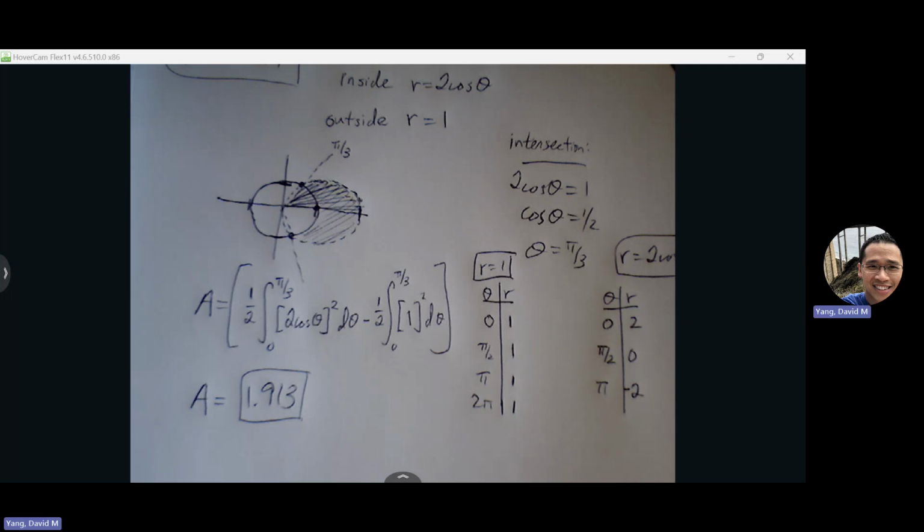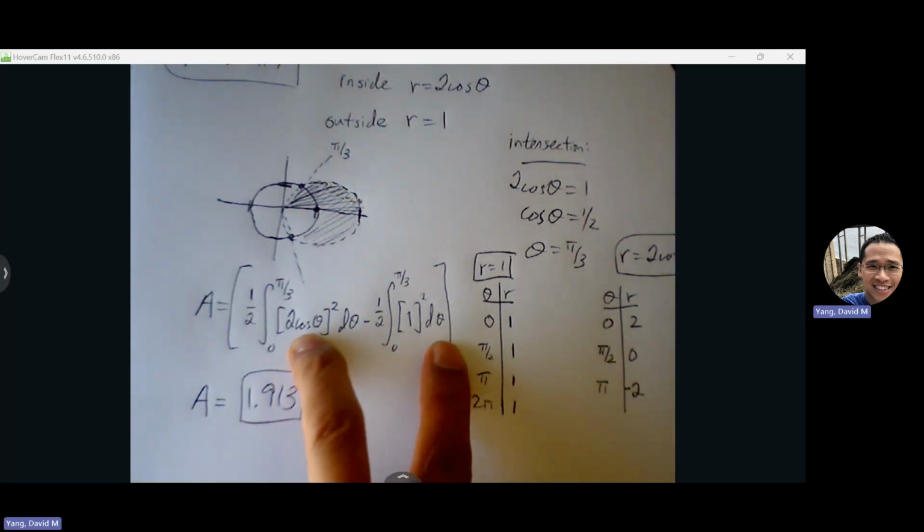Also, you can be in rectangular form. You don't have to have that theta show up. You can just use x's. Unless you're graphing it, you don't have to be in polar form.